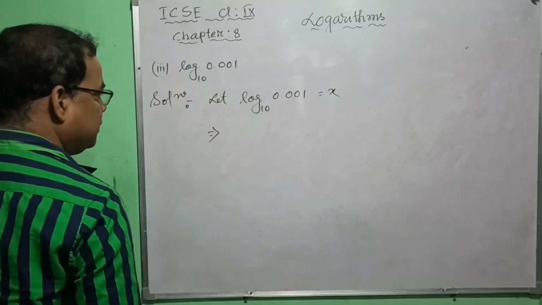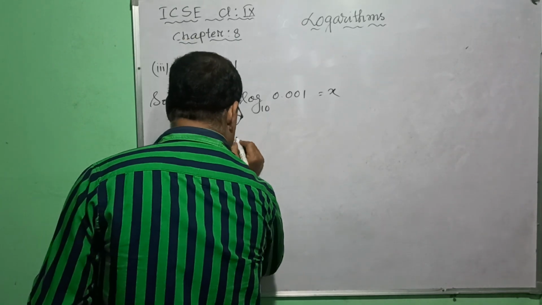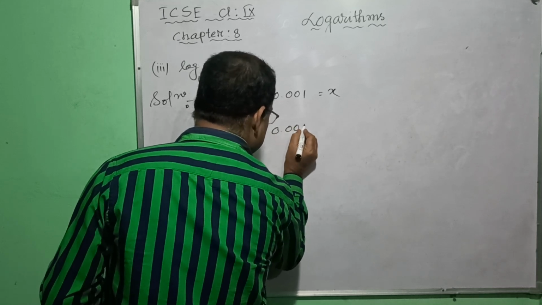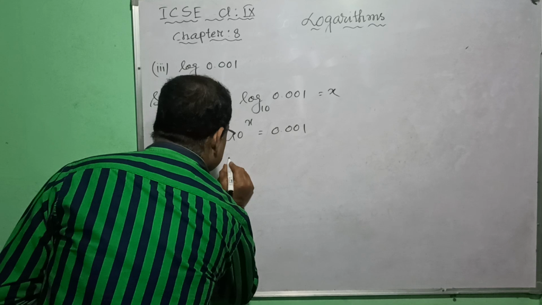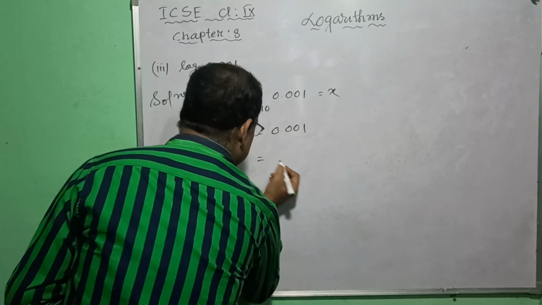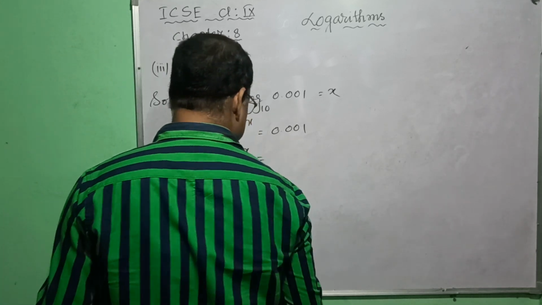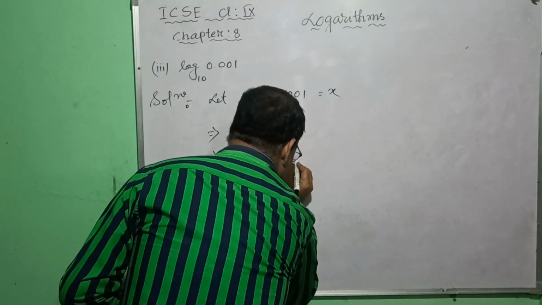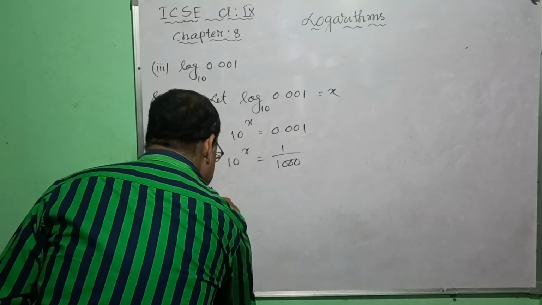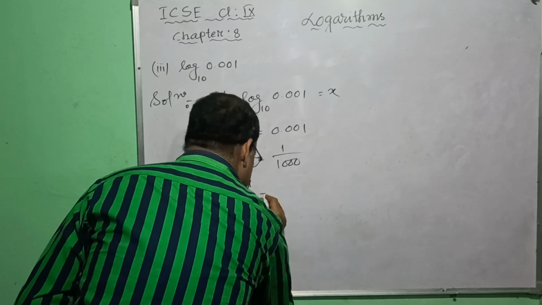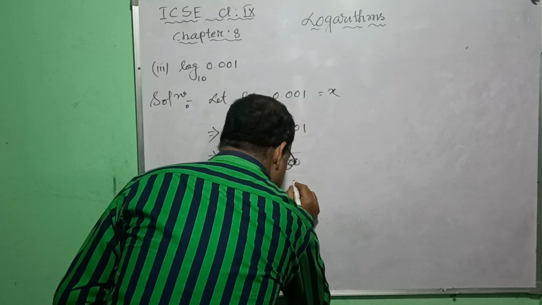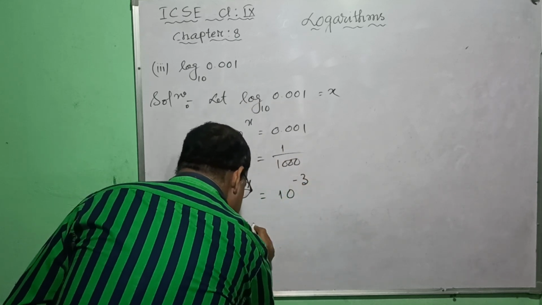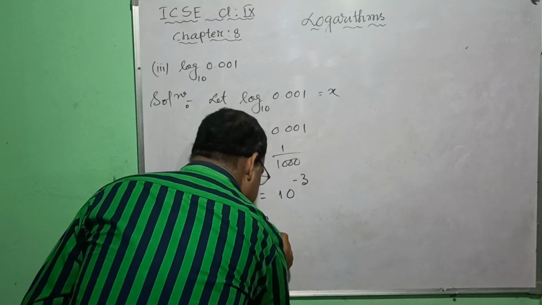This implies 10 to the power x equal to 0.001. So here 0.001 means 1 by 1000. This implies 10 to the power x equal to 10 to the power minus 3. This implies x equal to minus 3.